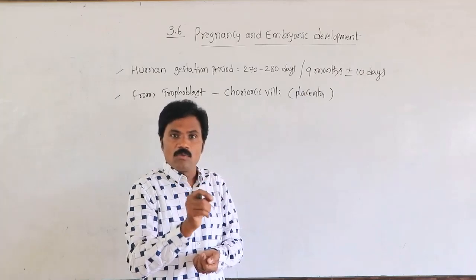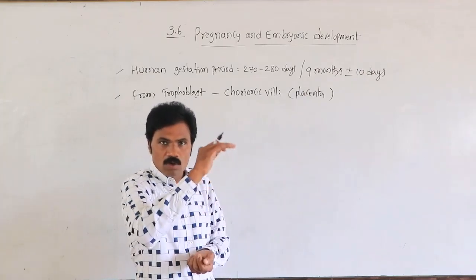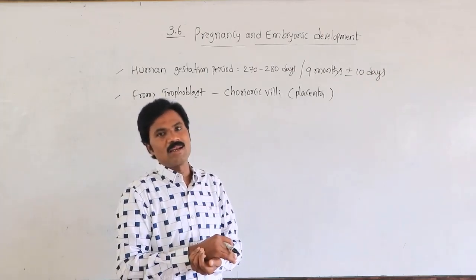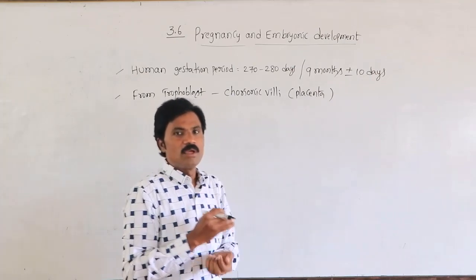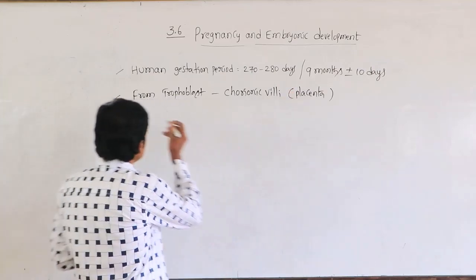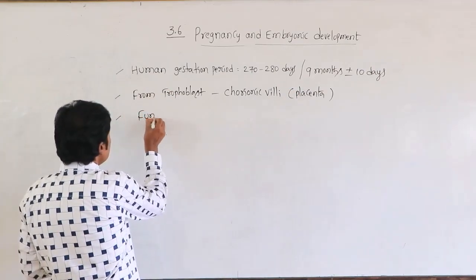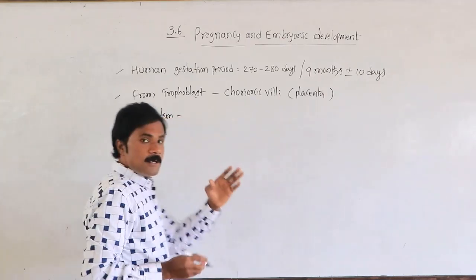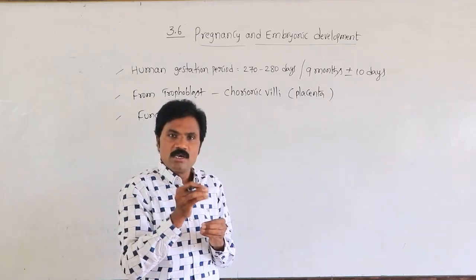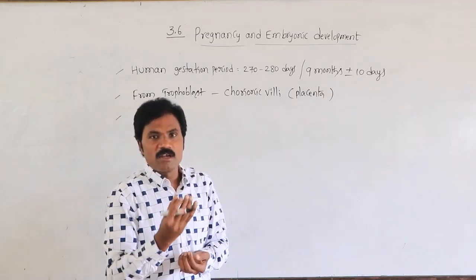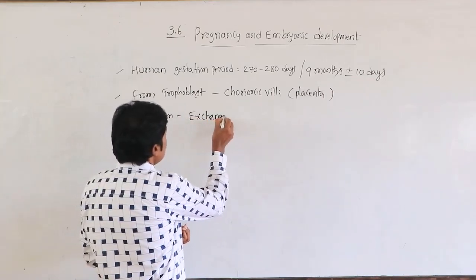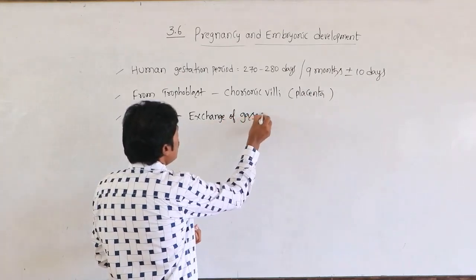What is the major function of the placenta? Along with this placenta, the outermost membrane present in the uterine wall of the maternal body, that means the mother's womb, gets together to form the structural and functional placenta. It is the binding part between the fetus and the mother's womb, and the important function is exchange of gases.